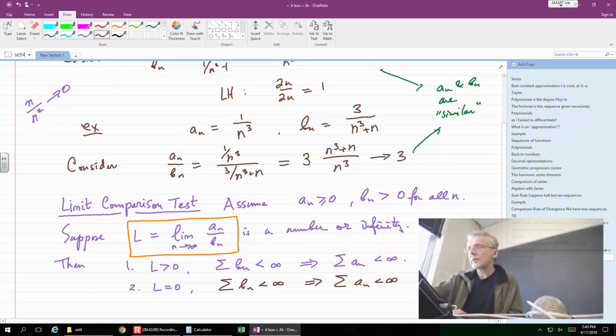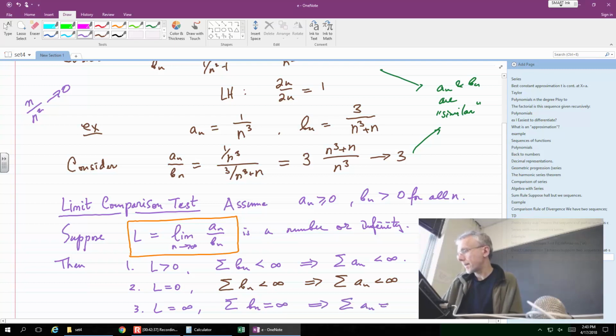And the third possibility is L infinite, which is the exact opposite, because this time An over Bn goes to infinity, which means that the numerator dominates, which means that if Bn is infinite, then so is An.